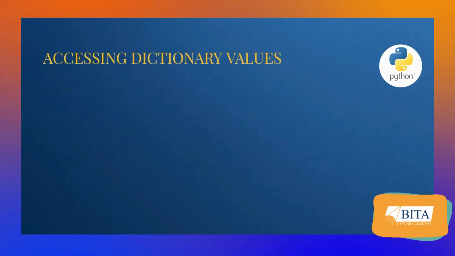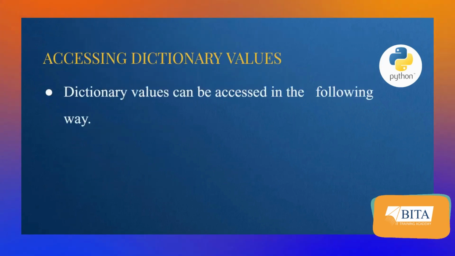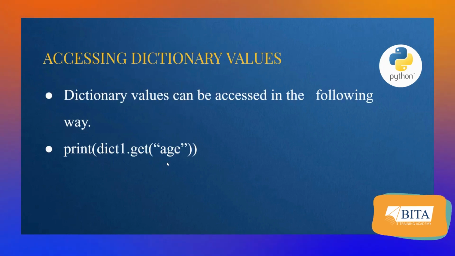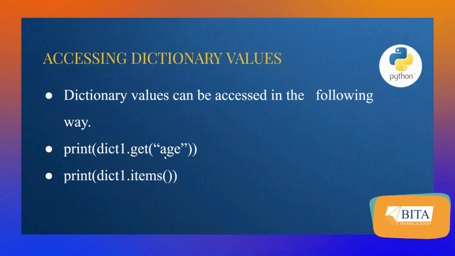Then we have items and the get function. Get is a function where we mention a particular key, and we can get its value. Items will give both keys and values. So these are all the functions available for the dictionary data type. All these functions we'll see with an example one by one.